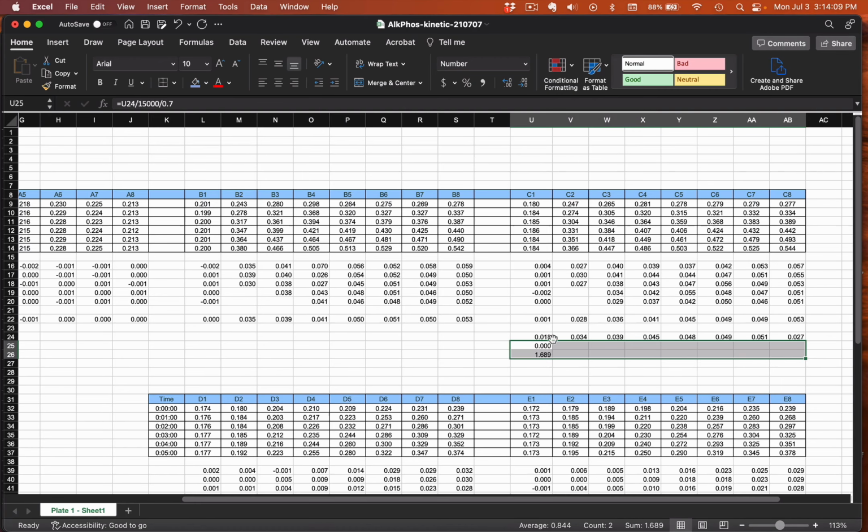So I'm going to drag that all the way across. And you'll notice that, yes, it says 0.000 here, but it's in scientific notation. Once you multiply it by a million, it looks fine. Although that one looks weird.